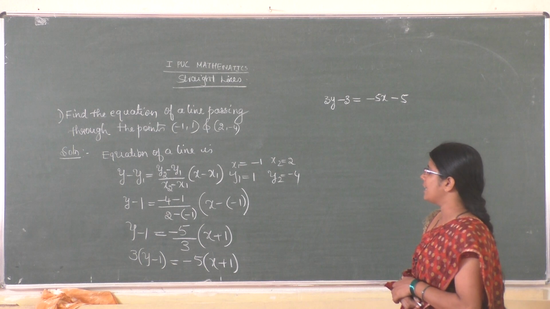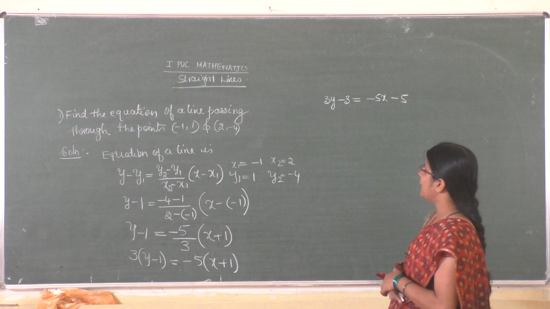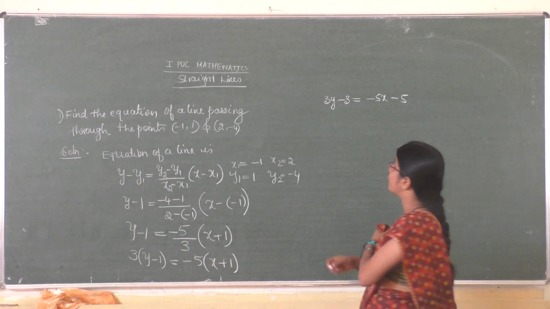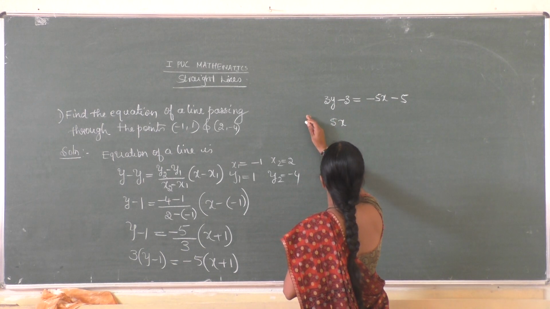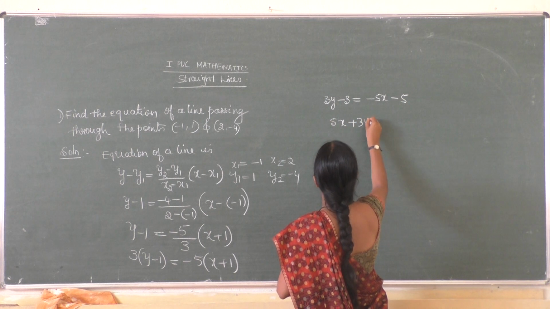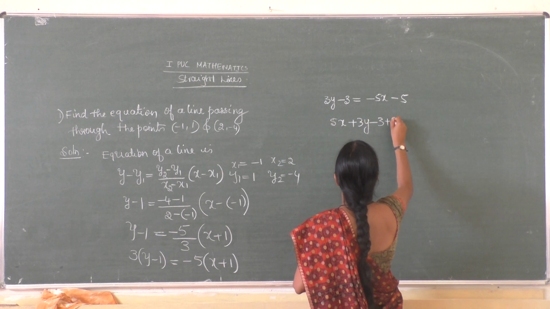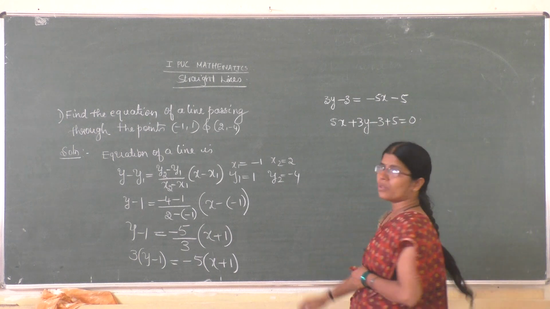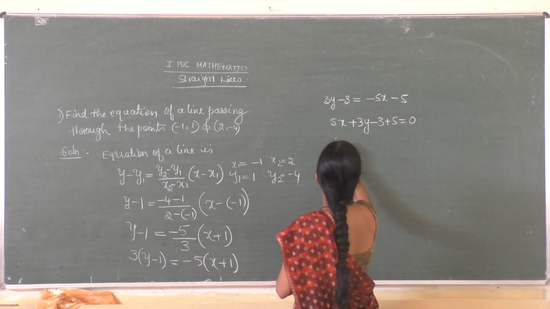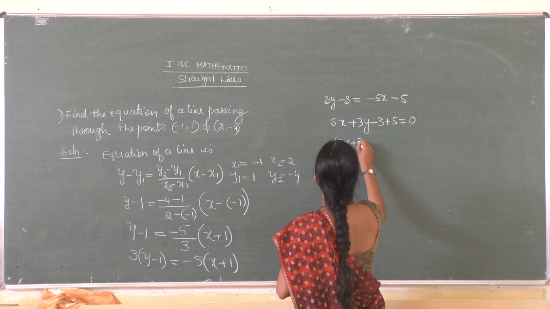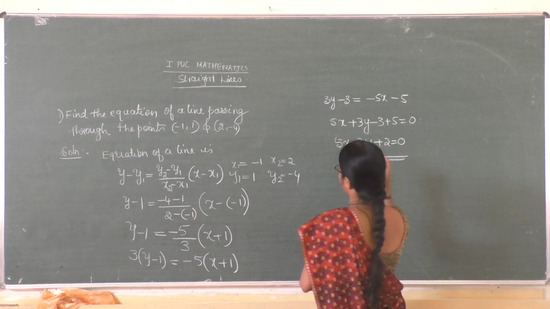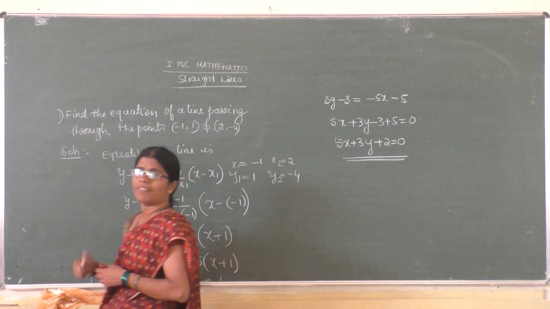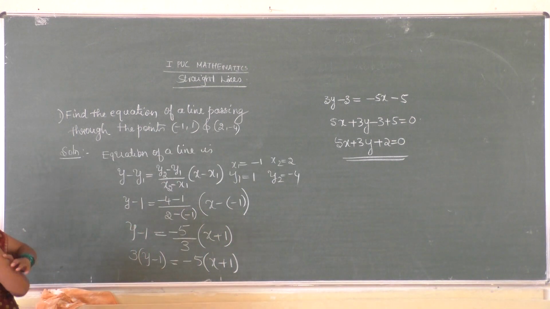Bring this minus 5x to the left side: 5x plus 3y minus 3 plus 5 equal to 0. So we get 5x plus 3y plus 2 is equal to 0.